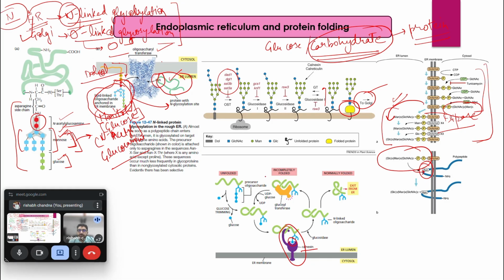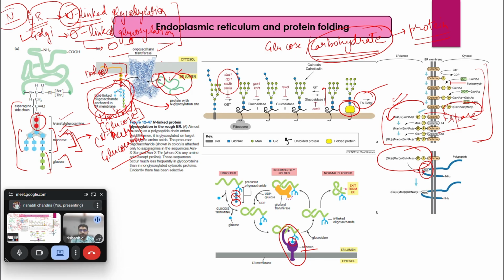Once the protein needs to be folded, it needs to remove these glucose molecules. As you can see here, there are three glucose molecules, and for the protein to be translocated to the Golgi bodies, this glucose needs to be trimmed off.